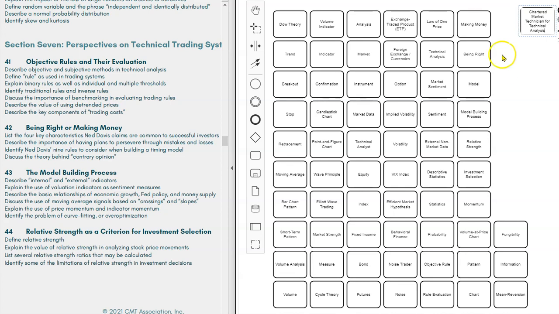Analysis, there we go. How many have we got? 2, 4, 6, 8, 10, 12, 14, 16... 63. So now you have 63 areas to look into, to research on your way to learning about technical analysis from this particular certification company, the CMT level 1. There's 2 more levels.